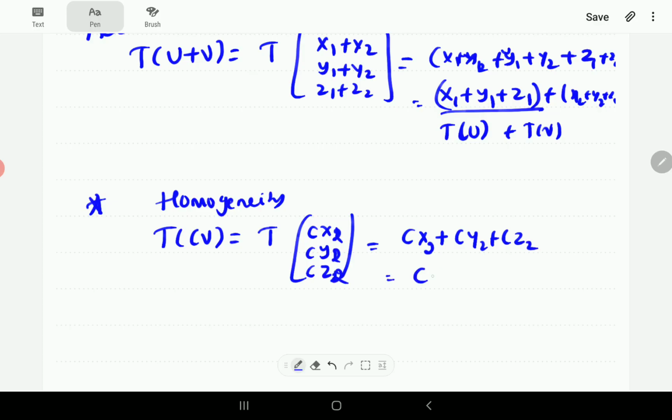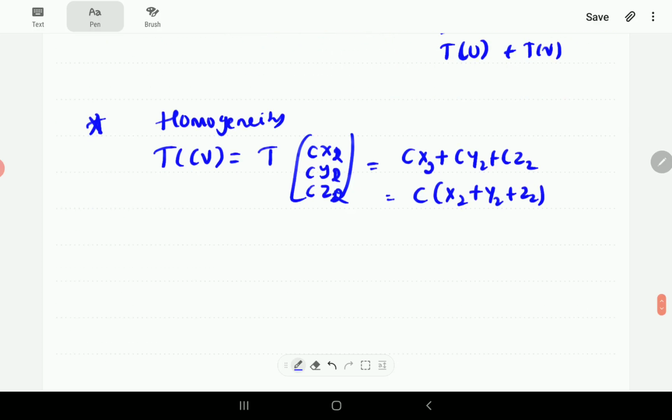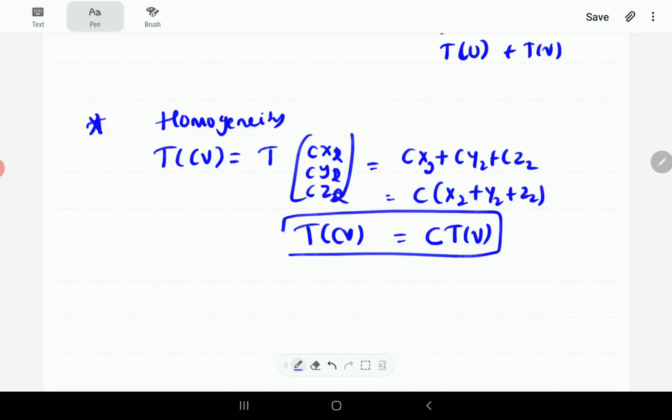So if I take c out, it is c times (x2 plus y2 plus z2). So what is this? This is nothing but c into T of v. So we started with T of c v, and we got c into T of v. Therefore both the conditions are satisfied. Hence we can say that T is a linear transformation.